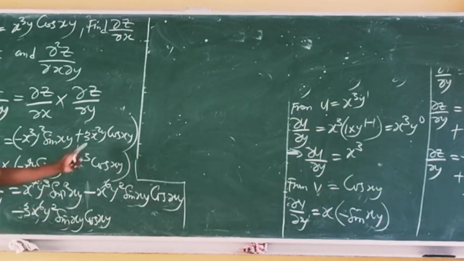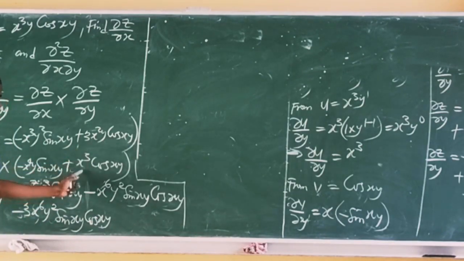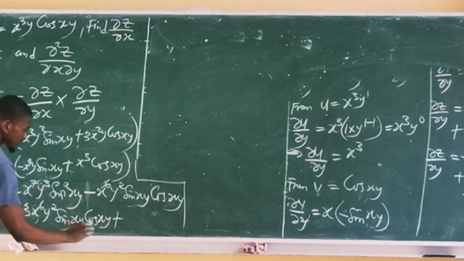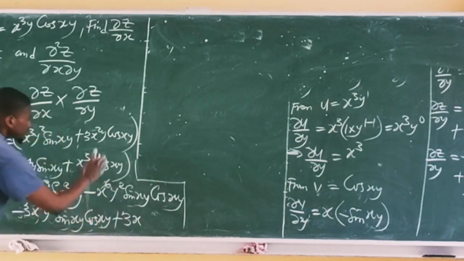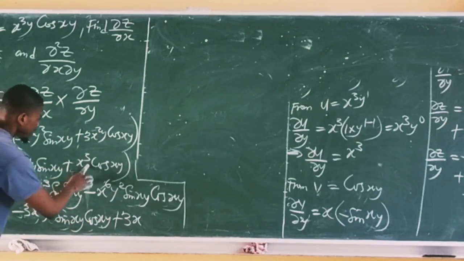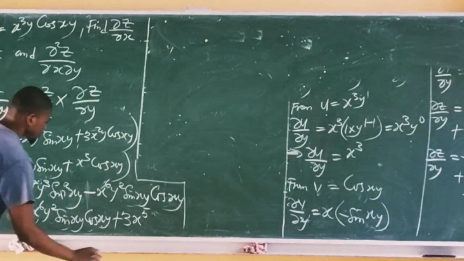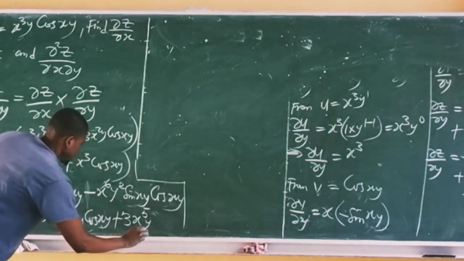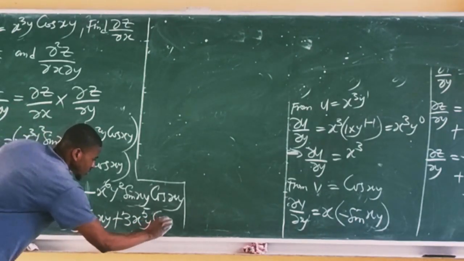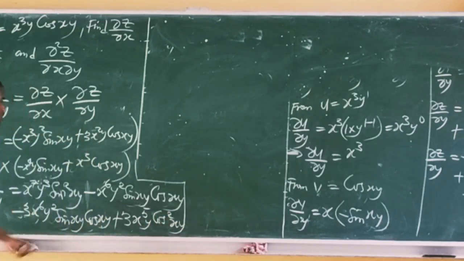Then 3x squared y plus xy multiplied by x cubed cos xy. So this is actually plus 3x squared times x cubed, 2 plus 3 is 5. So that's x to the 5 y cos xy cos squared xy. So cos times cos gives us cos squared xy.